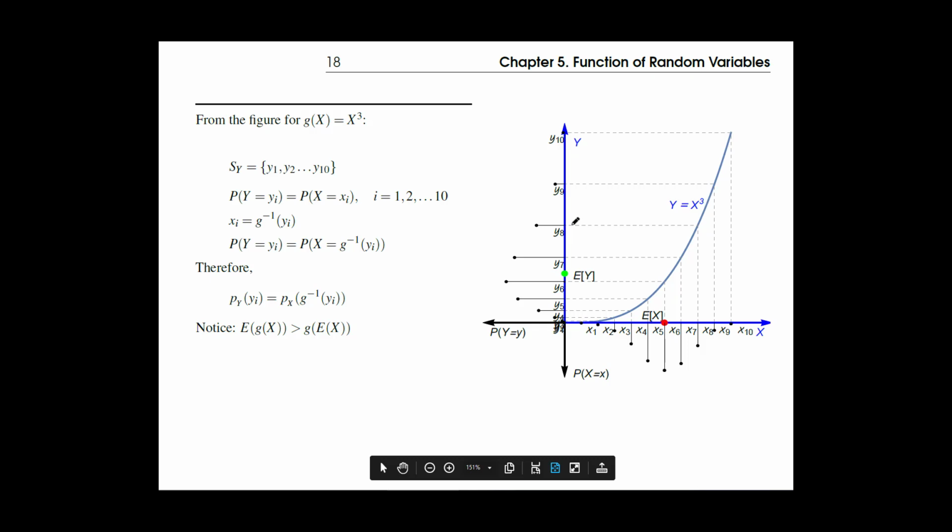For example, for y8, which corresponds to x8 right here, what we're saying is that the height of that probability should be the same as the one for y8. No, y7.